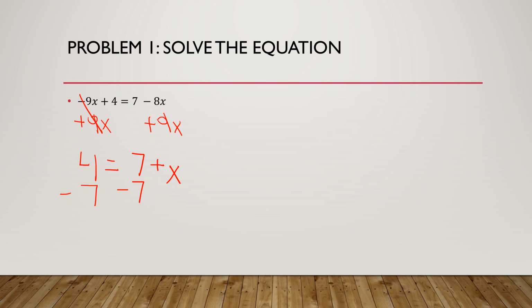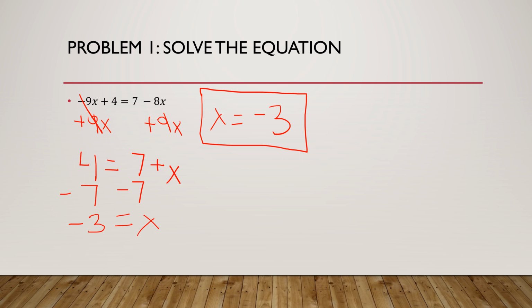So 4 minus 7 is going to give us a negative number. That's going to give us negative 3 equals x. Alright, so x equals negative 3. Hope you guys understand how we got that.